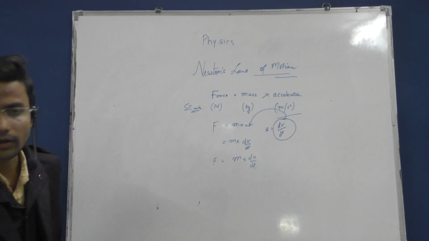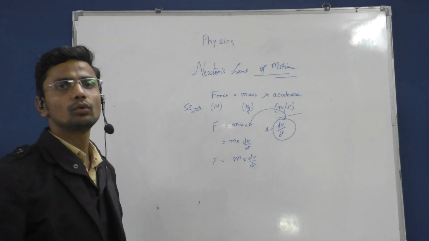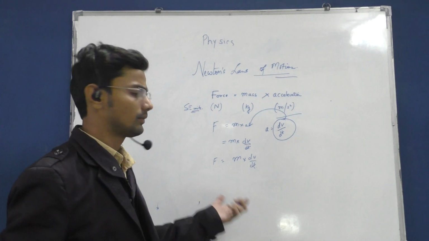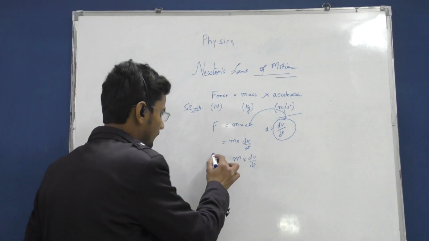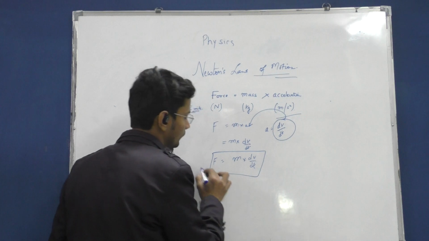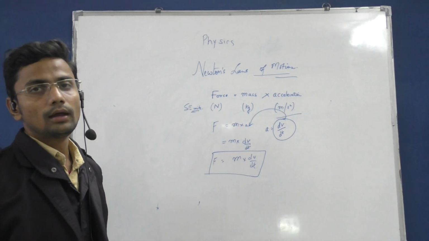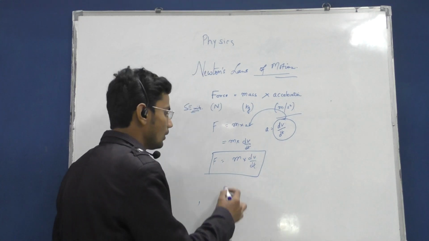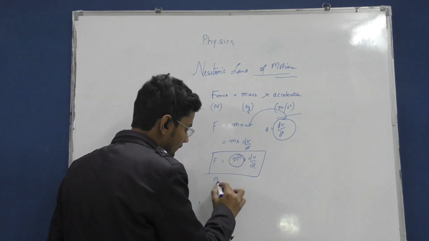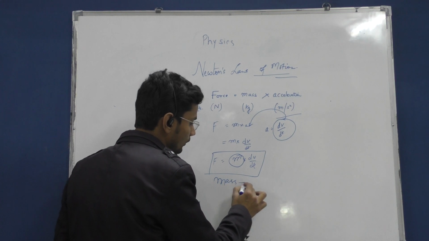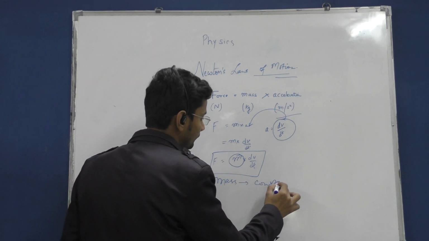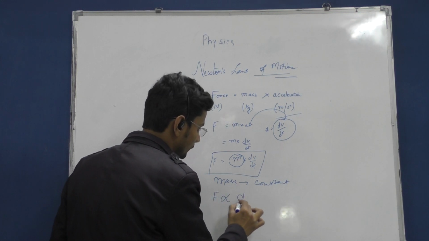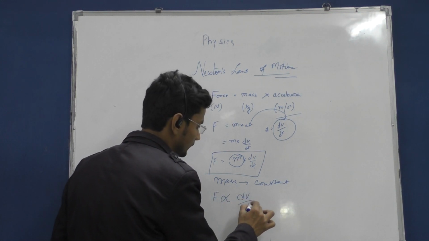I was only trying to prove some impulse sort of terms in physics. Anyways, just remember at this level that F is always equal to mass into rate of change of velocity with respect to time. Now, mass is of course always a constant, so what we can derive from this Newton's second law is that F is directly proportional to dv by dt.